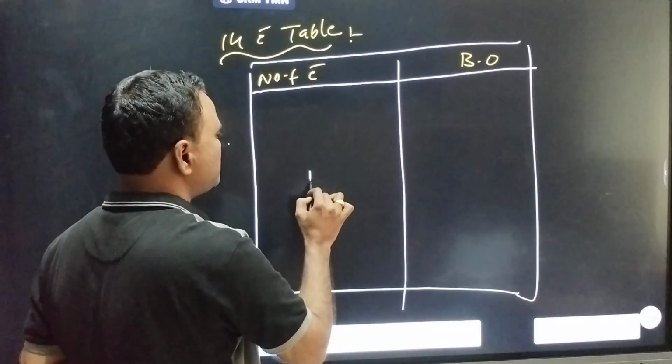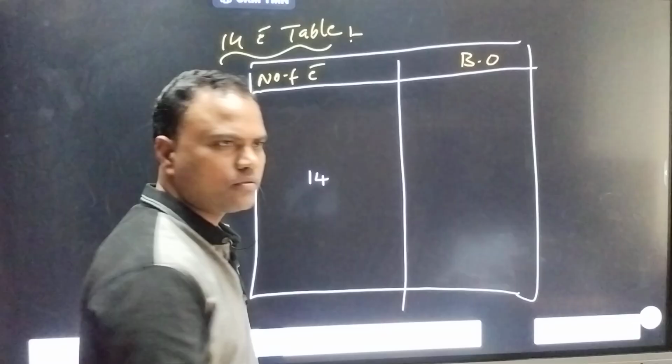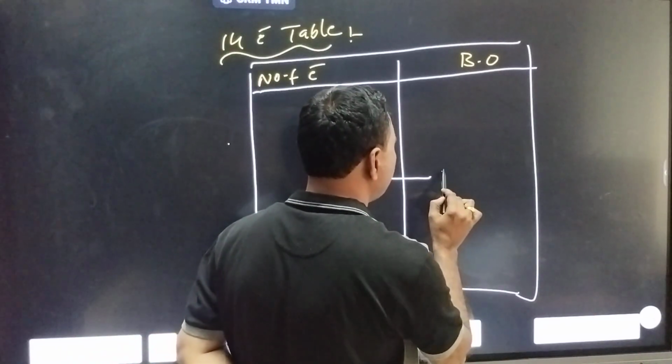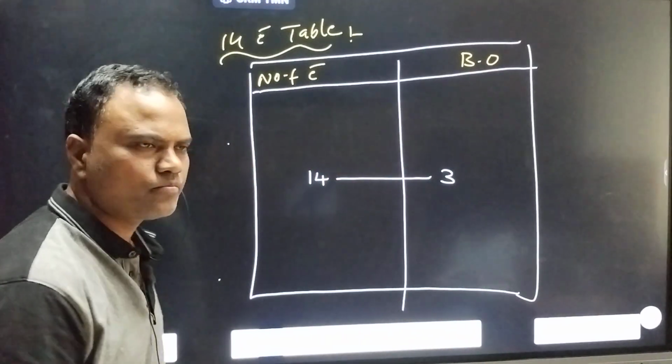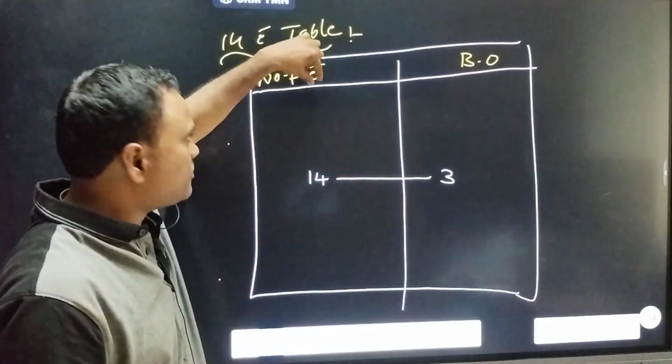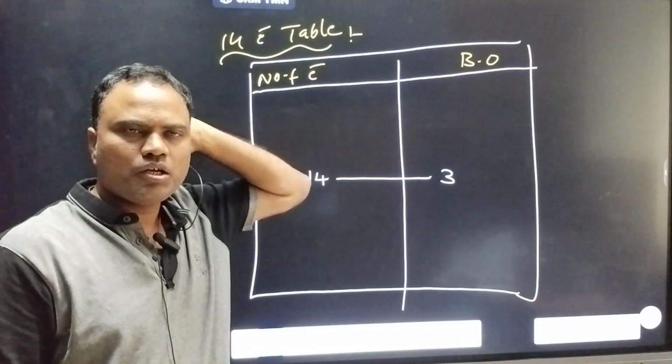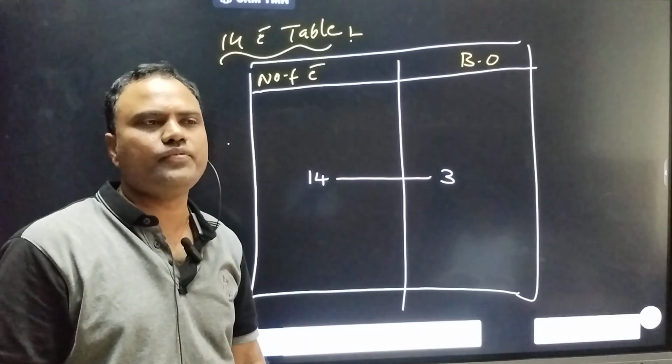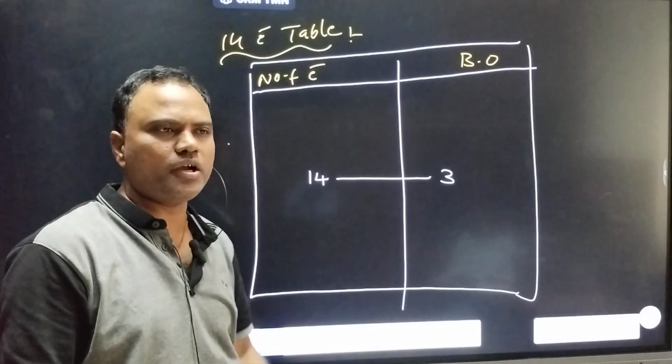For 14 electrons, bond order will be 3. If you increase or decrease the number of electrons, you should reduce the bond order by 0.5 only.